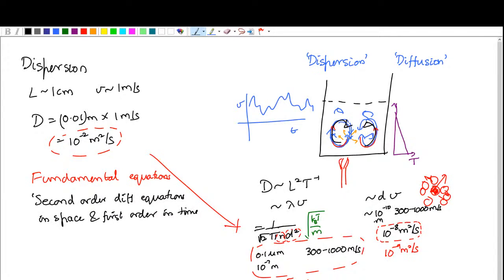There are second order differential equations in space and first order differential equations in time.